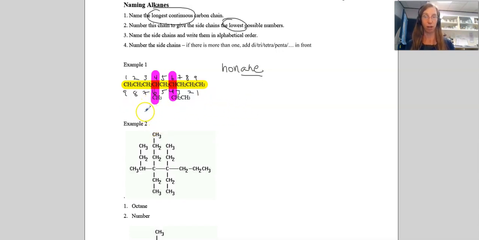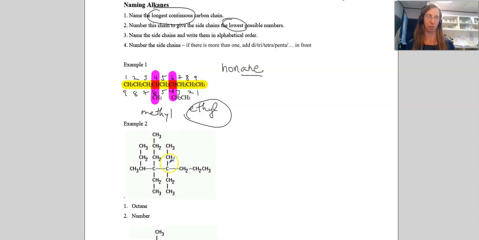So the two side groups here are methyl with a YL, which is 1 carbon, and ethyl, 2 carbons. E comes before M, A, B, C, D, E, F, G, so alphabetically ethyl gets the lower number because they're the same.